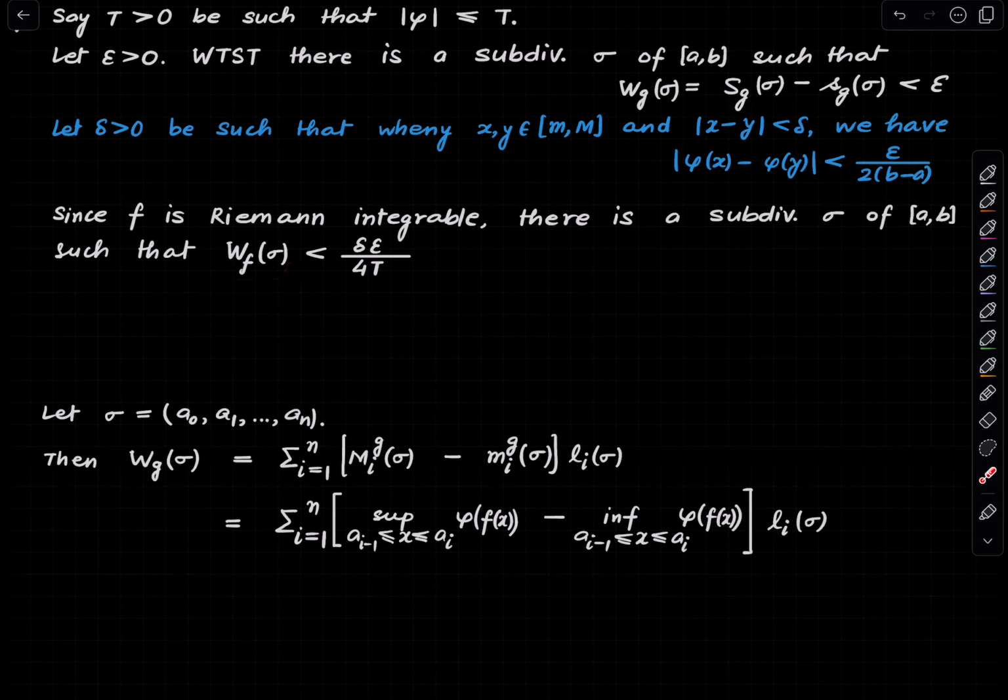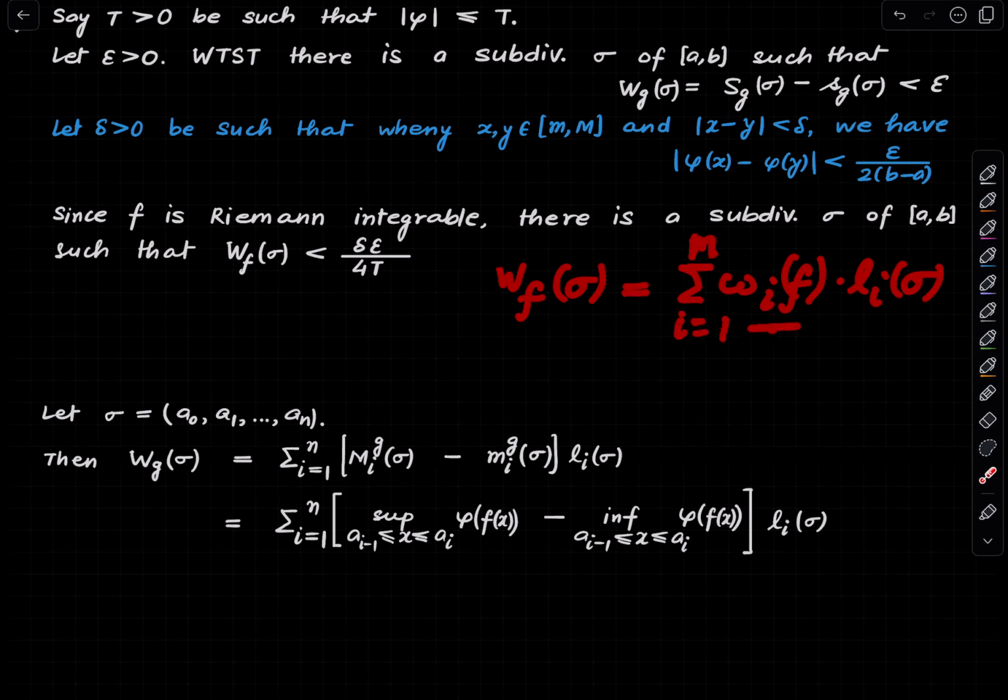That doesn't allow us to control this for every i, right? Just because the oscillation is small, that doesn't mean the function over every part oscillates a little. This is a global thing, right? This is what ω_f(σ) is: the ith oscillation of f times the length of the ith part, and then you sum it up, right? Where what is ω_i(f)? ω_i(f) is the oscillation of f over the ith part.